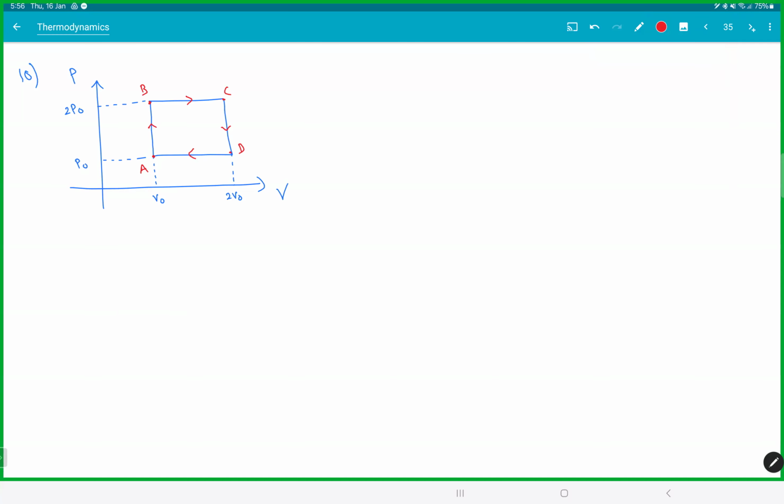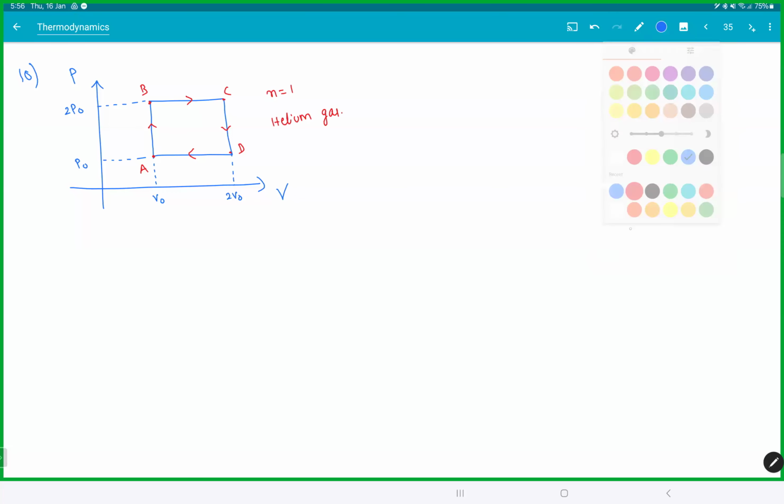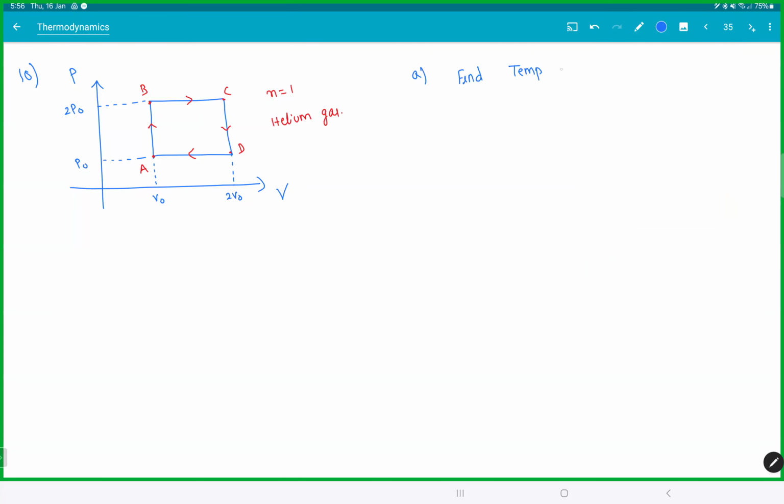In the ABCD cyclic process, you have seen this before. n is equal to 1, and this is a helium gas. First one, find temperature at A, B, C, and D. That's an easy one.